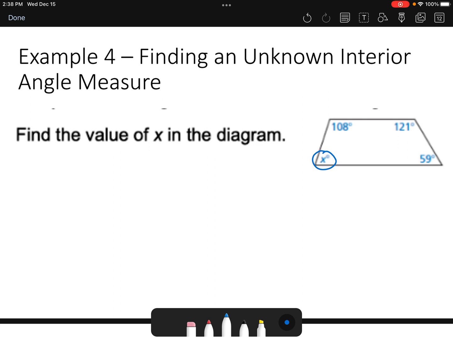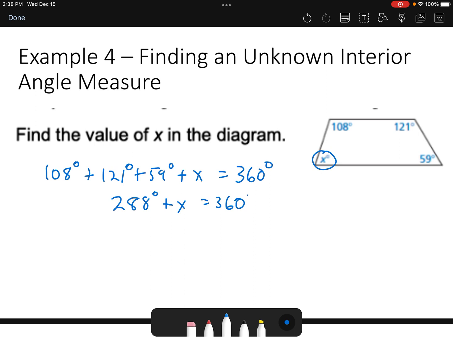So if we're going to find x, how would we do that? Well, I hope you're thinking, well, there's 360 total, and if I add these all up, I should get 360. So all I got to do is find x. So that's 288 plus x equals 360.